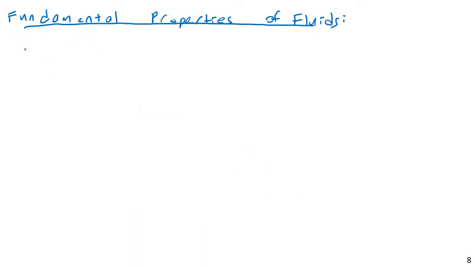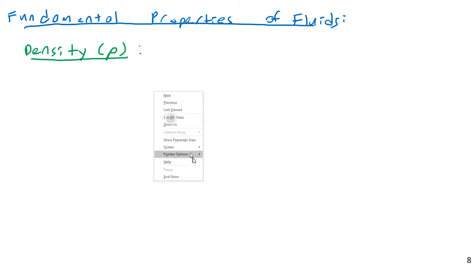So the first one is going to be density. And for this, we are, of course, going to use the Greek letter rho for density. Sometimes we use the word density when we actually mean specific weight.